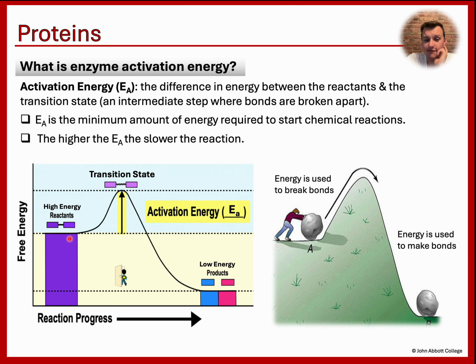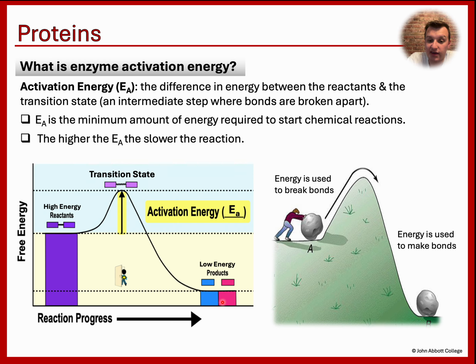So to get from here to here, we need to put in some energy to destabilize the bond, right? So the EA is this minimum amount of energy that is required to start a chemical reaction, like breaking something down, and then it goes down.